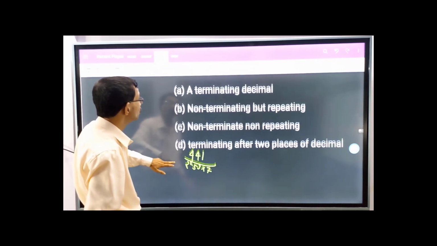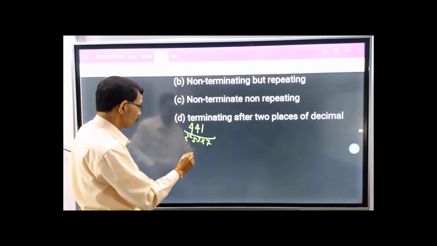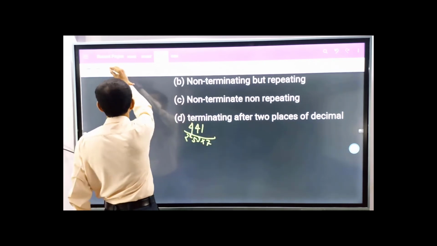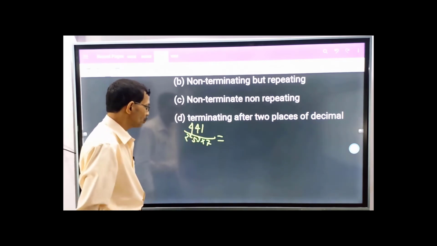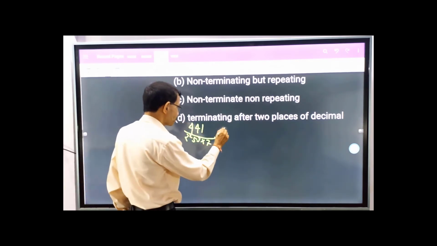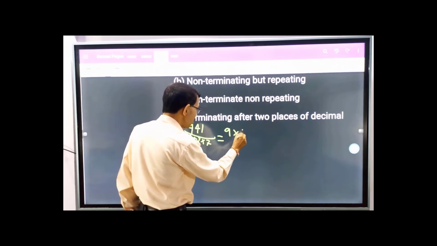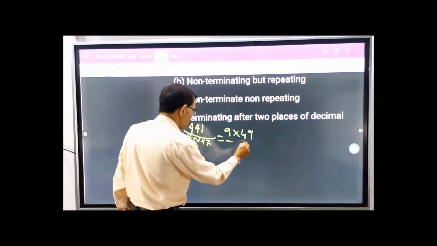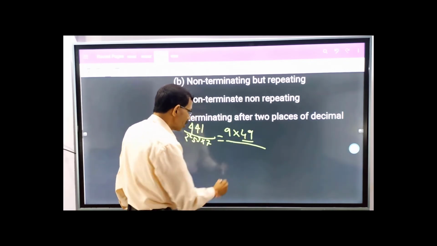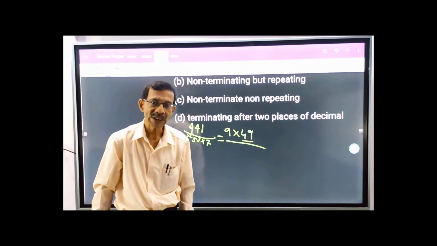In this expression I can write 441 as 9 into 49. I try to search for 49 because 49 is 7 square.